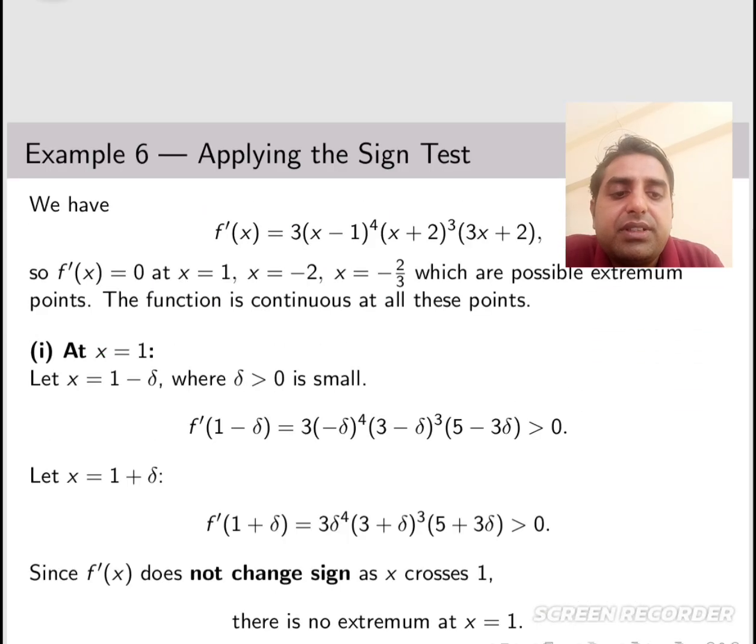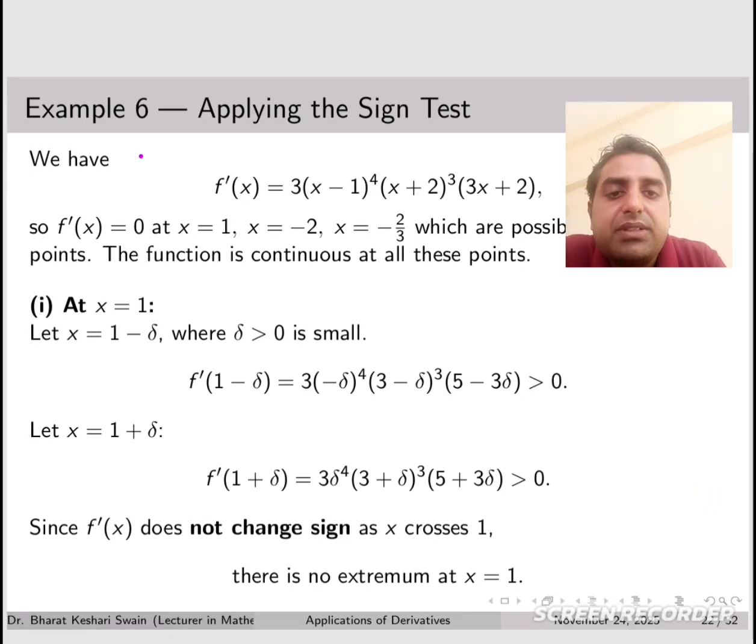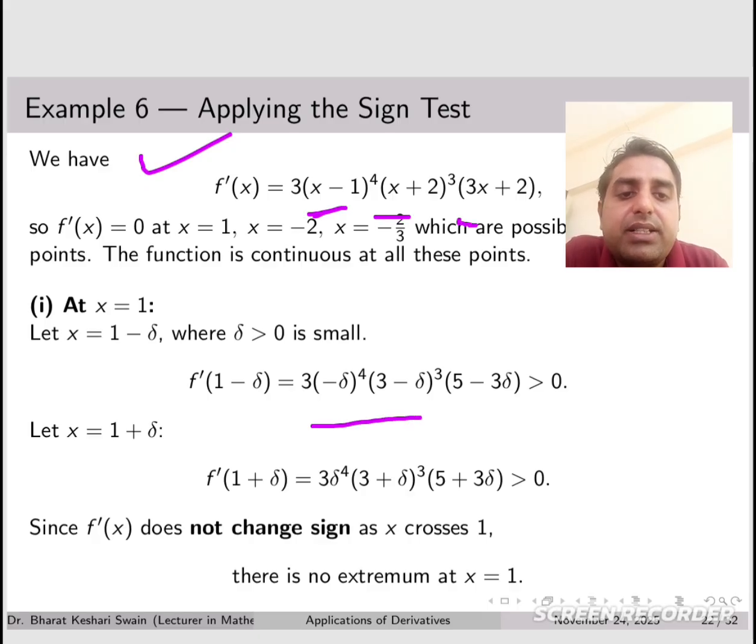So this is your f'(x). For f'(x), put 1 − δ in place of x. Then we will get this term: (−δ)^4, (3 − δ)^3, and (5 − 3δ).